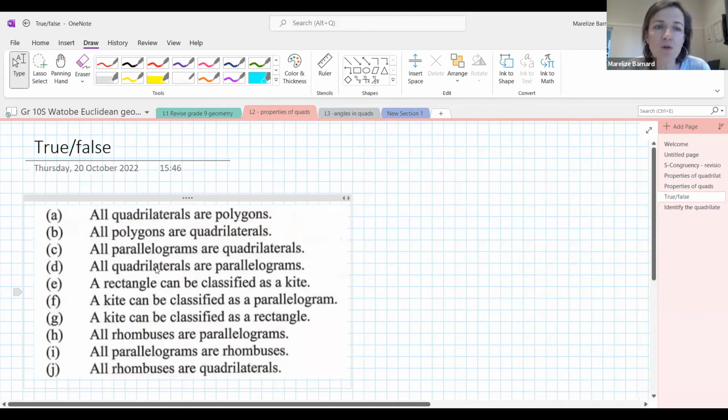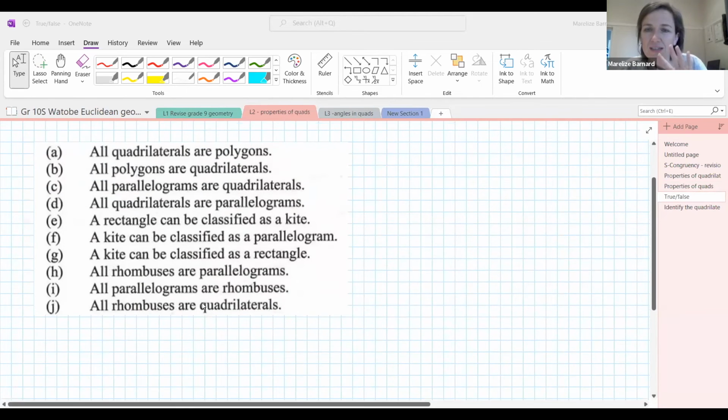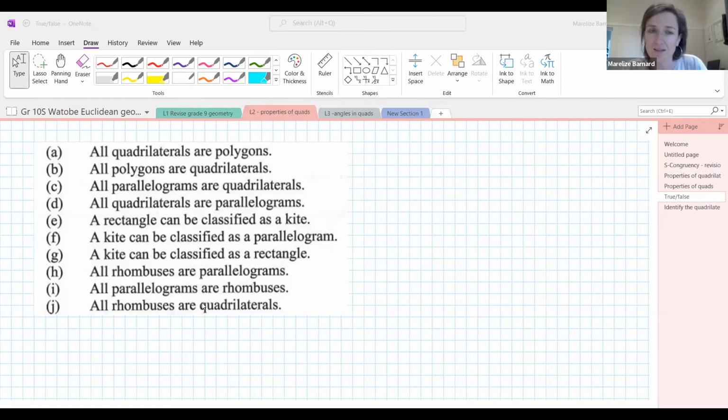Right, so true or false? Actually, I don't want answers yet. I'm going to give you a chance to answer each question on your own. We're going to work for about 4 minutes, and then we'll check back with answers for this true or false. So don't put anything in the chat. Keep it a secret until we check back in and compare answers.